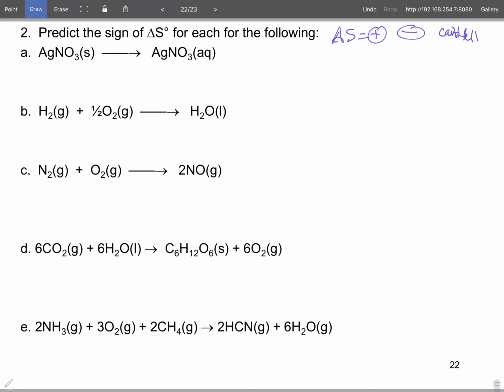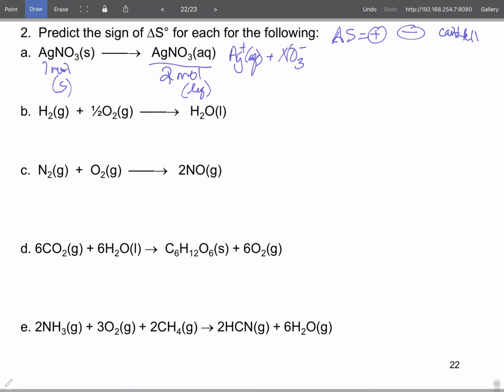So if we look at it, we have 1 mole of particles here. How many moles of particles do we have on the product side? Well, if you guess 2 moles, you're correct because it's aqueous. That means it's split up into silver ion plus nitrate ion. Okay? And if you look at it, this is a solid and this is a liquid.